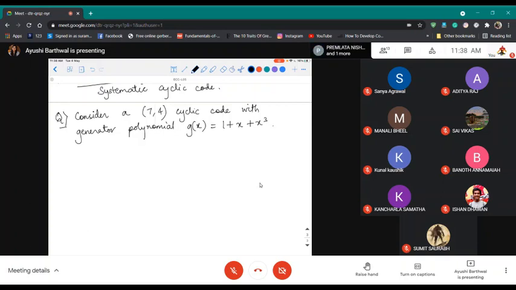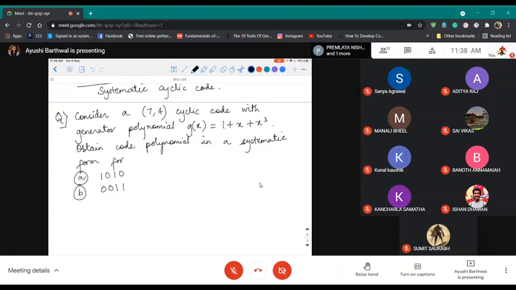You have to obtain the code polynomial in systematic form for the following sequences. The first part is 1010, and the second part is 0011.